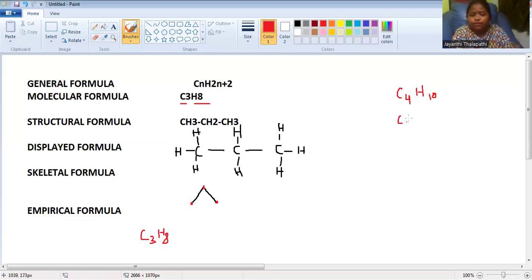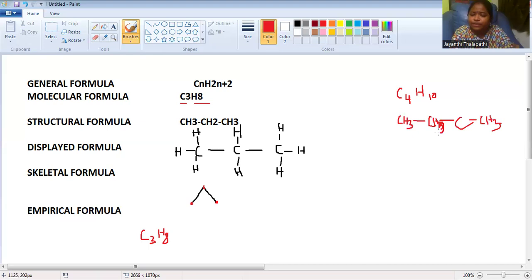Each carbon atom: the first and last carbon atom have 3 hydrogen. The rest of the 2 carbon atoms are CH2, right? So CH3, CH2, CH2, CH3.